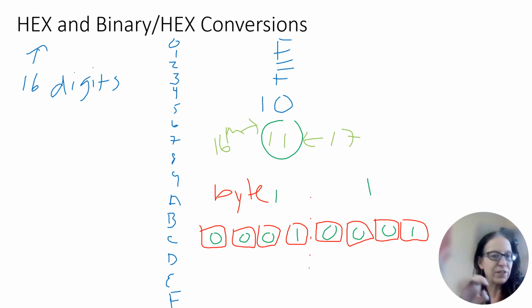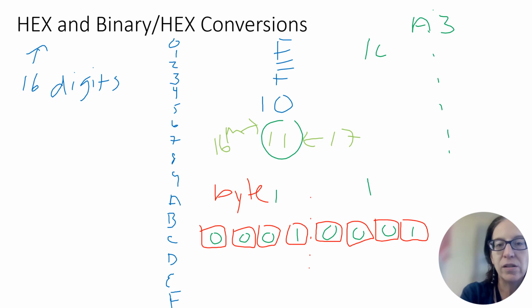You can just take each of the digits separately, and it makes for really, really easy conversions. Usually in engineering, you will use those leading zeros, because everything is done in bytes, and you don't want to leave unoccupied territory. So if you had something like A3 and you had to convert that to binary, you would just do A, which is 1010, and then 0011.